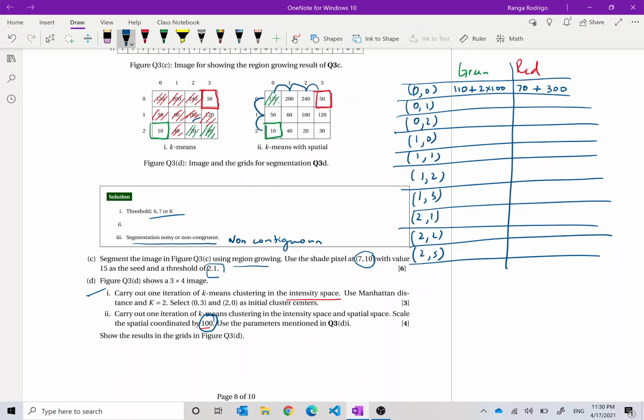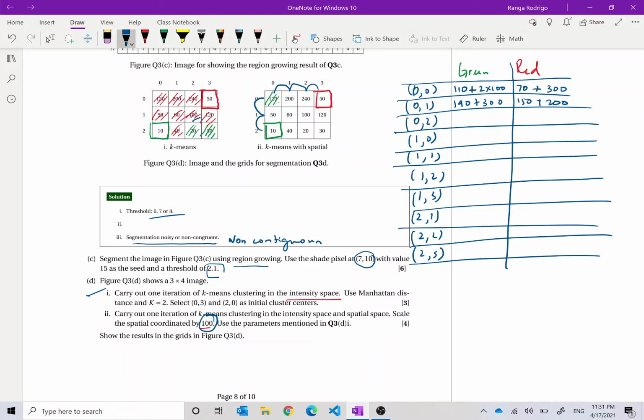For the pixel 0,1, 200, 190, Manhattan distance would be 1, 2, 3, plus 300. We'll have to get the shortest one, of course. For the red cluster, the intensity difference is 150 plus 200.